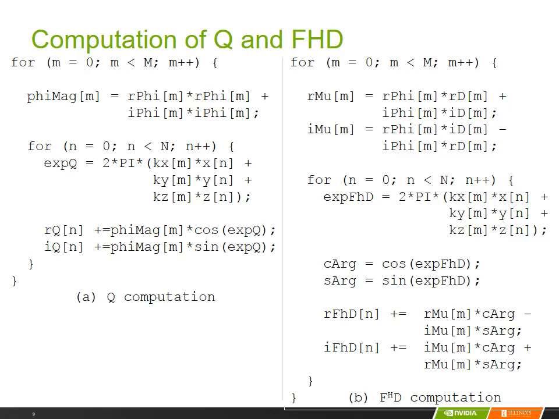So both codes have the same two-level loop structure, and they also have very similar computational statements inside the innermost loop and also in the outer loop. So we are going to be focusing on FHD since it's a bit more interesting computation that will need to be performed on every acquired data in the process.